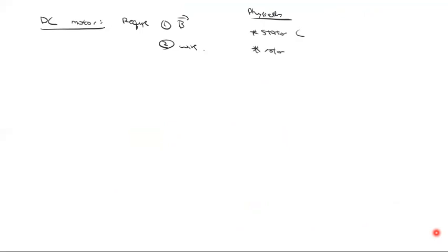So a stator doesn't move, a rotor rotates. So in my example there, the stator is the magnet, the rotor is the wire. Okay. So once you have that, then note that force doesn't change, at least at the level we're thinking about it. The torque does change based on the angle.